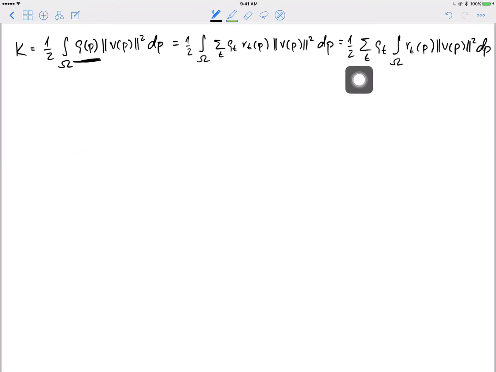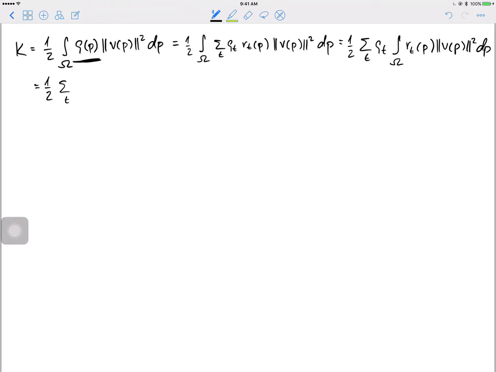All right, so how can we simplify this expression? Well, we can simplify it quite a bit because the RTP is a very simple function. This RTP is either 0 if I'm outside of a triangle T, and it's 1 if I'm inside a triangle T, okay? So that means that I can rewrite this entire thing like this.